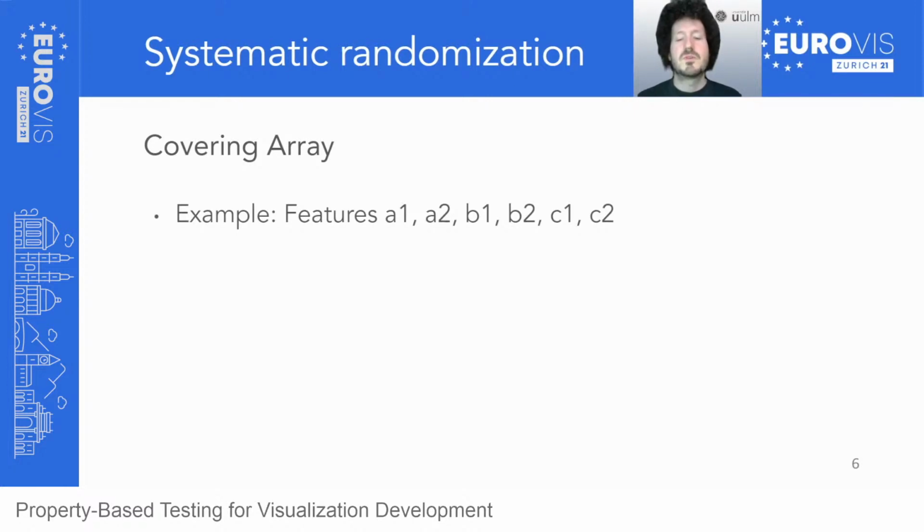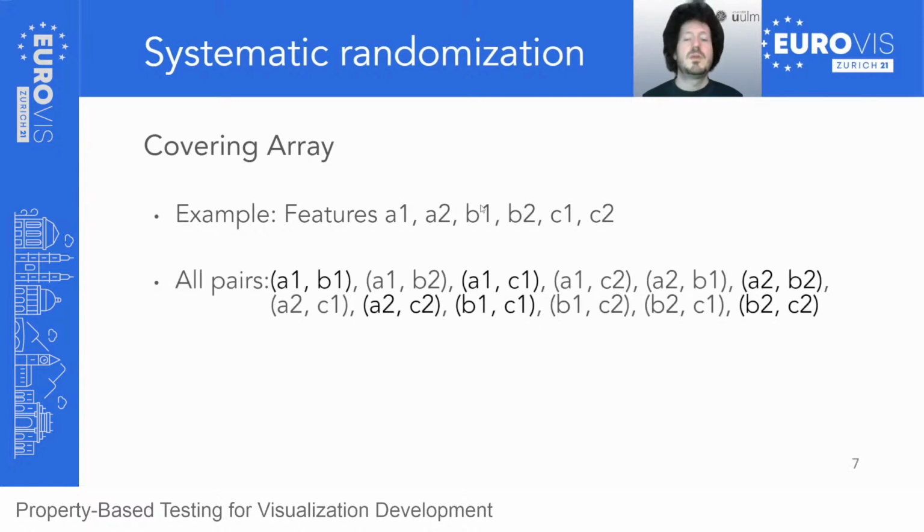For illustration purposes, imagine three features, A, B, and C, of which each can have two different values. Generating pairs out of these feature values results in this set of pairs. We get 12 pairs out of 3 features with 2 possible values each.